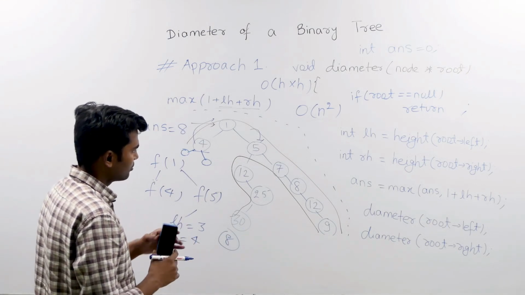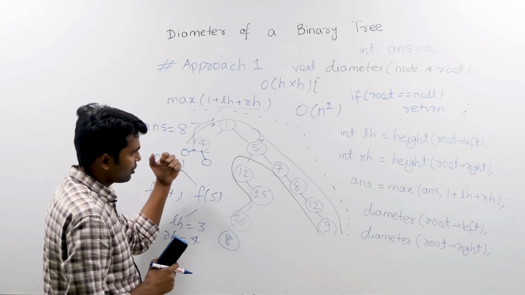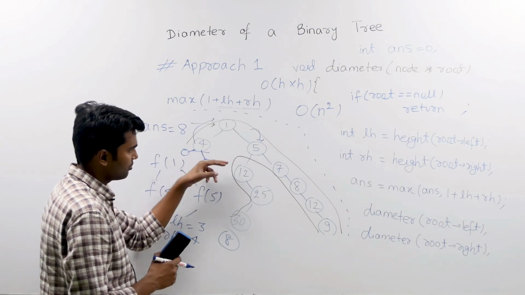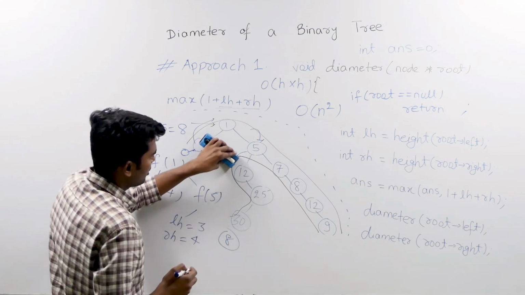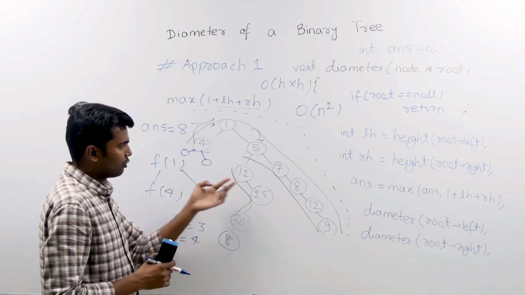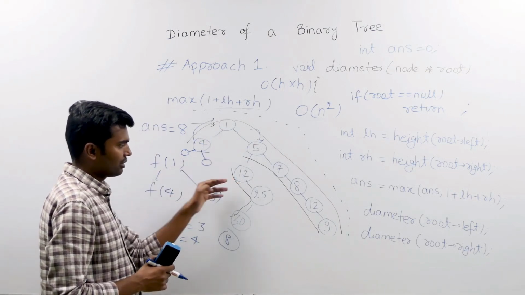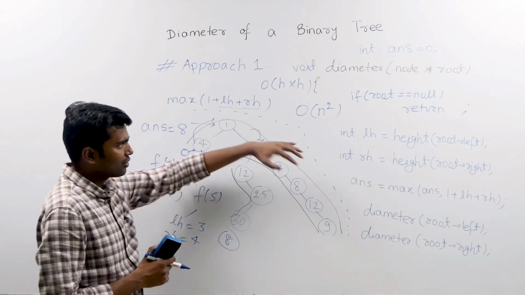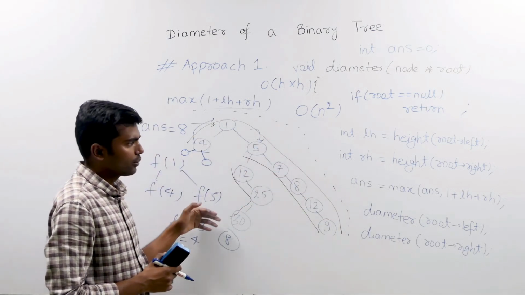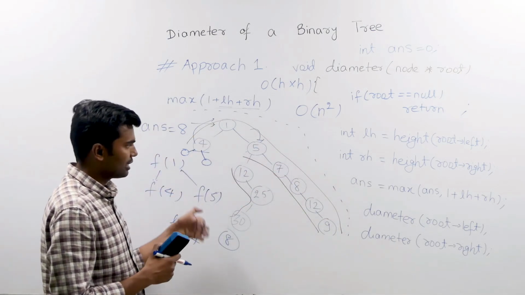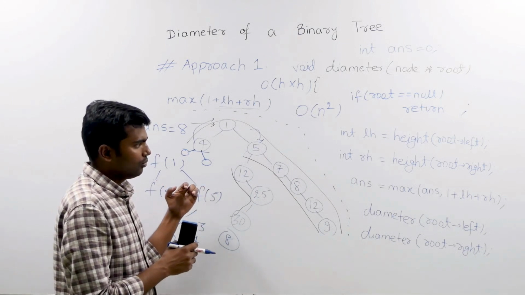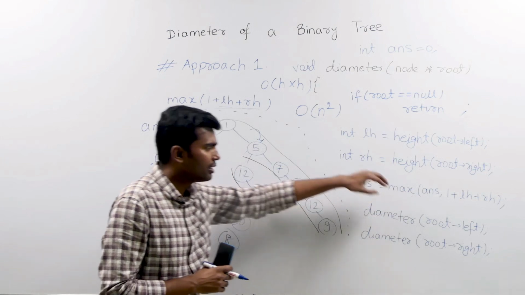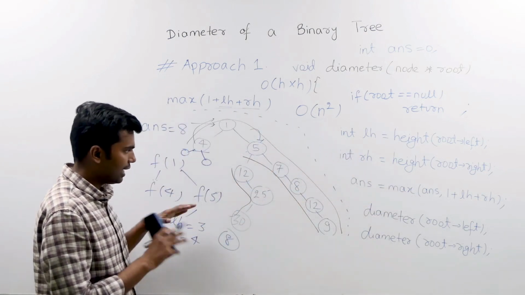Similarly, now the function will go to the pointer at 12, and again at 12 we will calculate the left height and the right height. So this function will go to every node, and for every node we'll be calculating the left height and right height, but the value of this expression won't be more than 8 in any case.